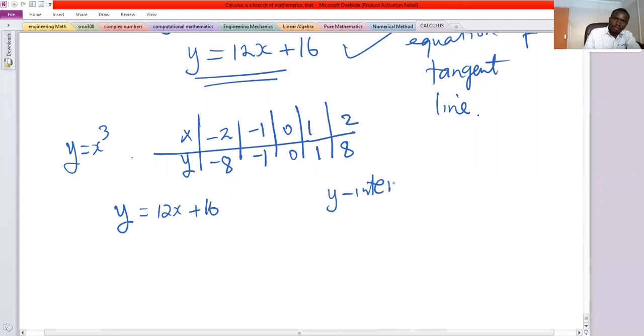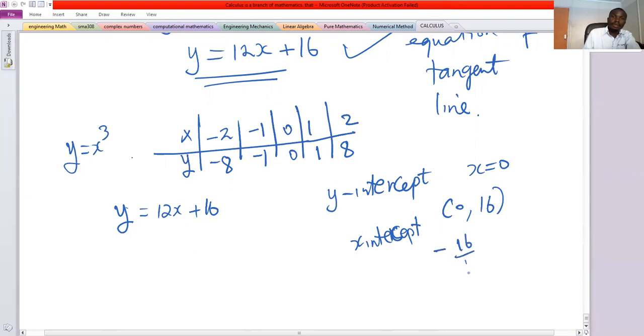Y-intercept means x is 0. So the y-intercept is 0, 16. X-intercept is when y is 0. We'll have negative 16 over 12, 0. So we'll have negative 16 divided by 12, so roughly negative 1.33.